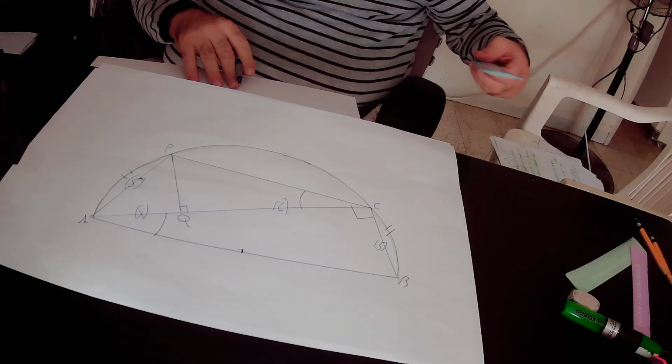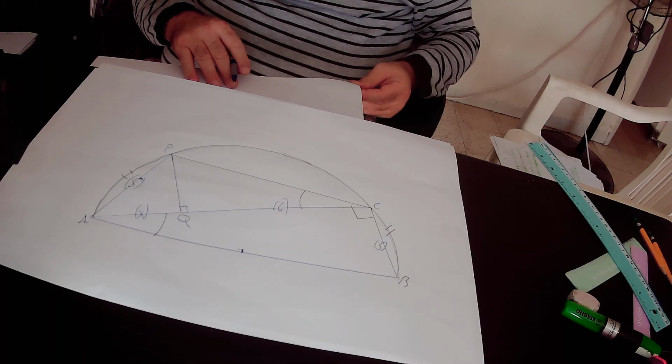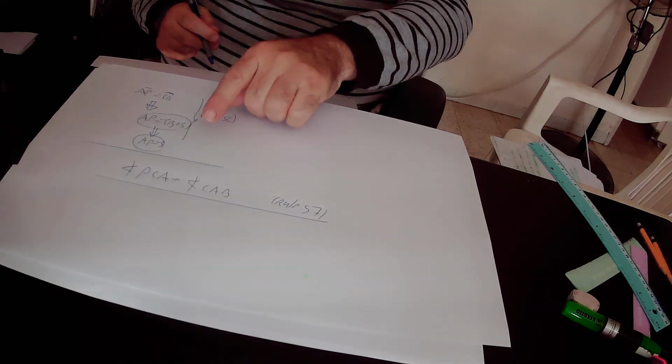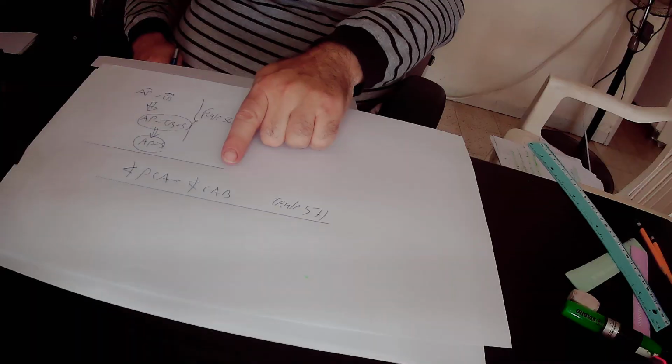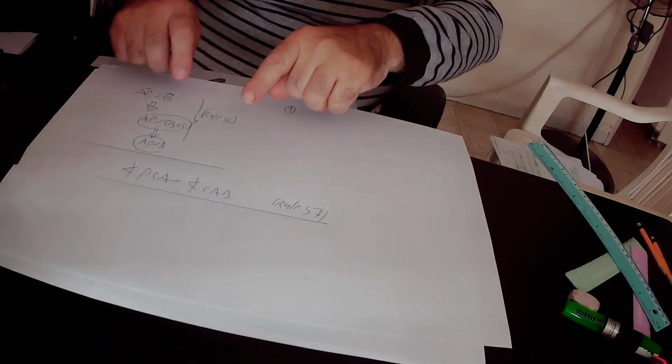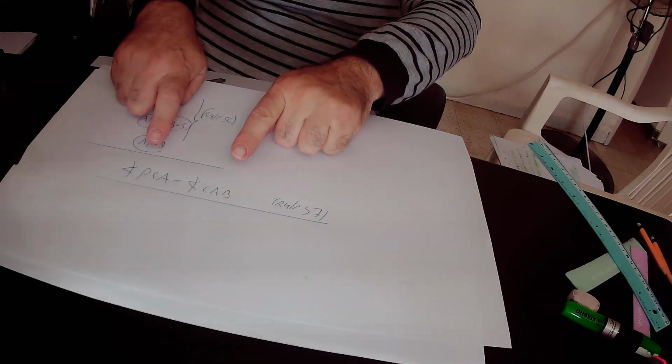Repeat again: peripheral angle PCA must be equal to peripheral angle CAB in its size because those two peripheral angles subtend on equal chords.